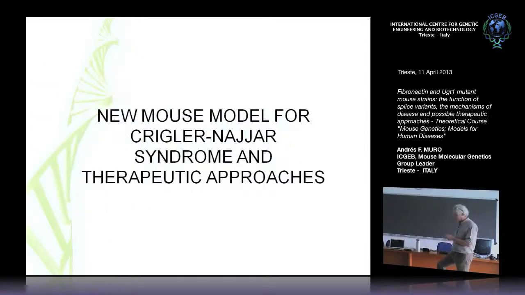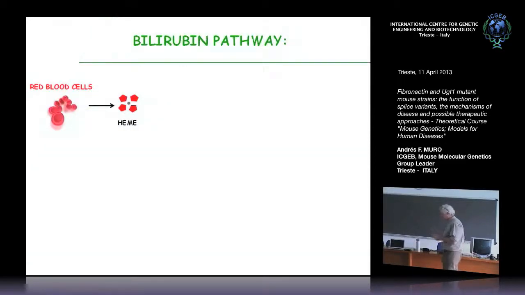So the second model that I wanted to show you is what we are actually doing in our lab, that we developed a mouse model for the Crigler-Najjar syndrome, and we are trying to study the mechanism of disease, and also we are studying the therapeutic approaches that are possible to use in these conditions. So this model deals with bilirubin.